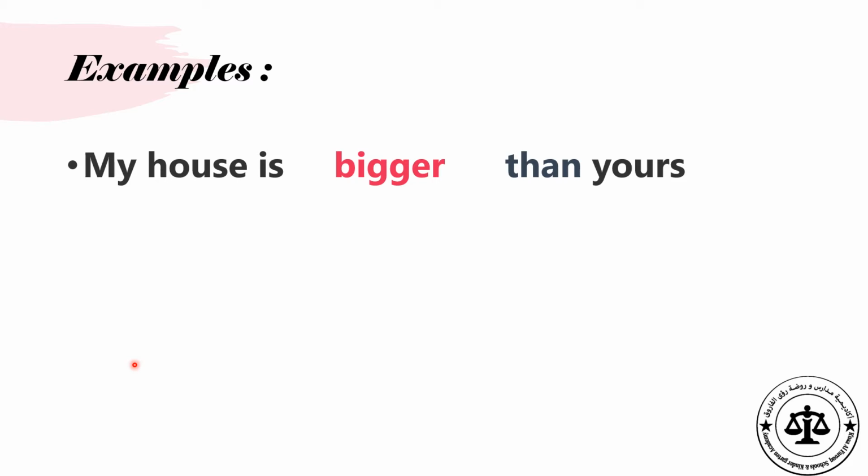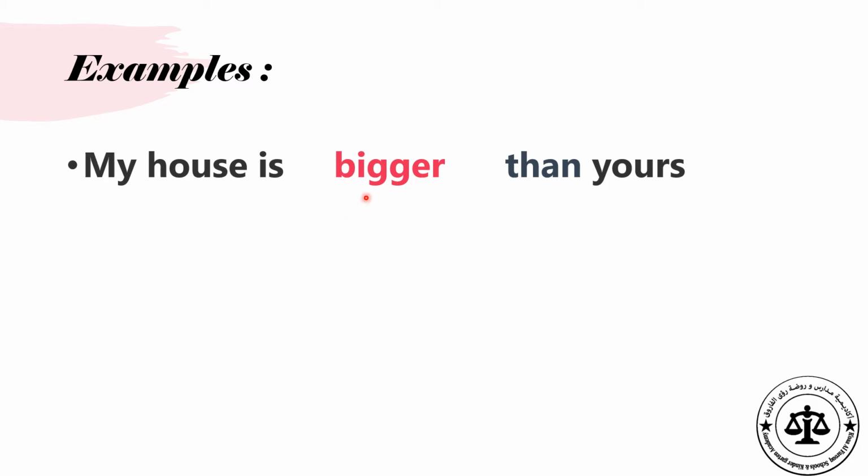This is the second item. So here we have two items being compared. And look at the adjective. This is bigger. We add er. Why? Excellent, because big is a short adjective and this is the first form of comparative, to add er with a short adjective.